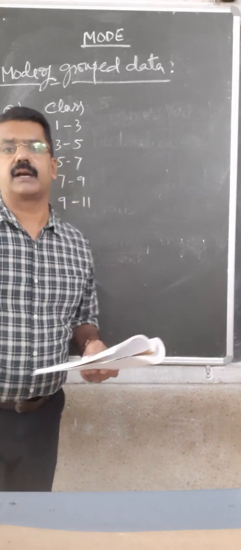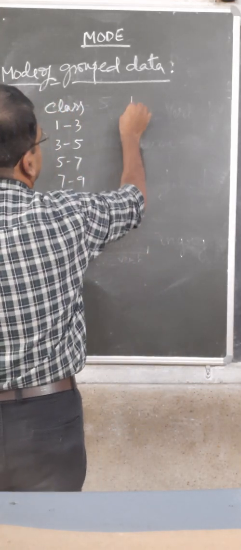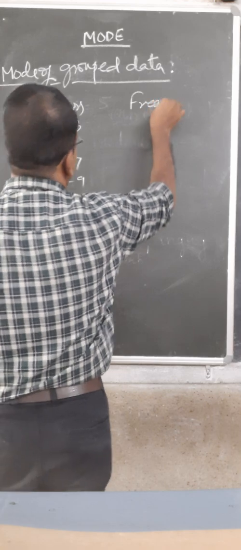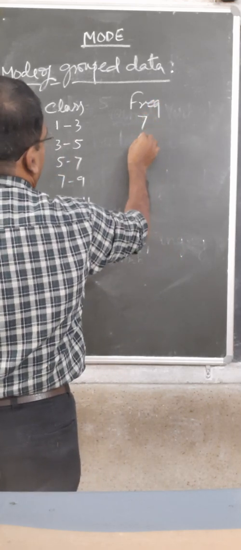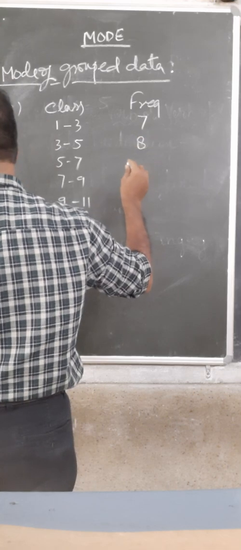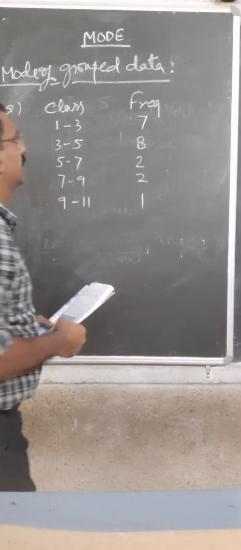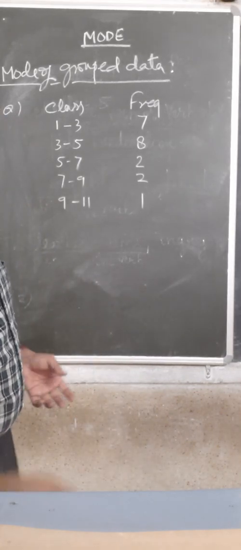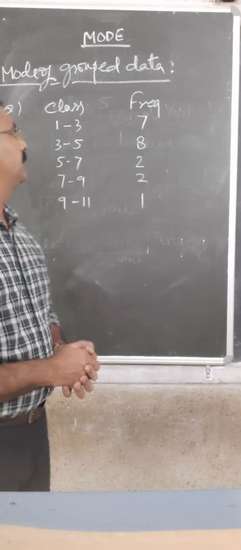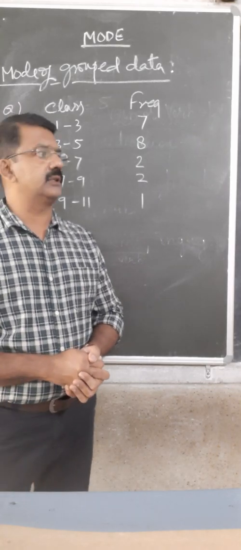These are the classes, and the frequencies given are 7, 8, 2, 1. Now from this information you have to find the mode of this distribution.